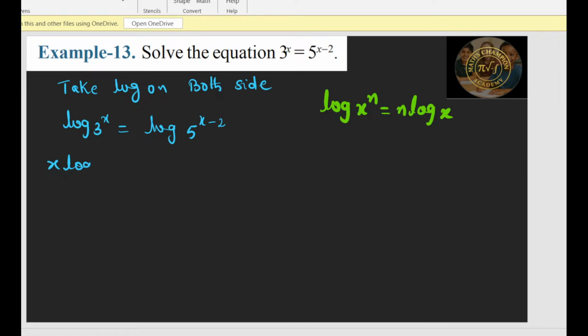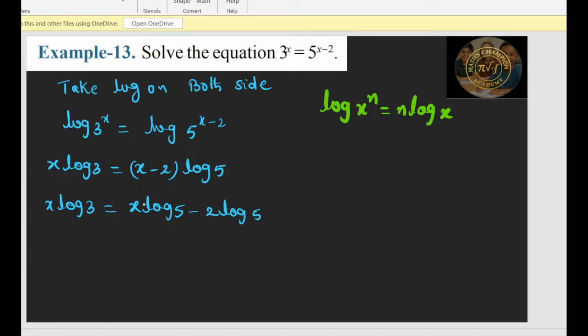That becomes x log 3 is equal to x minus 2 log 5. Now next, separate the x terms. We can write x log 3 is equal to x log 5 minus 2 log 5.